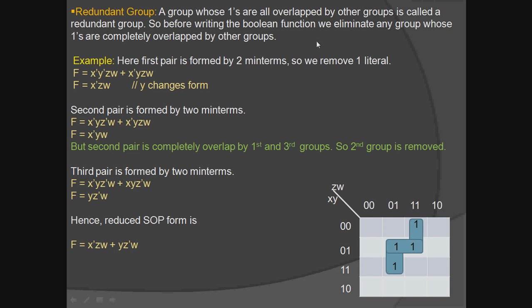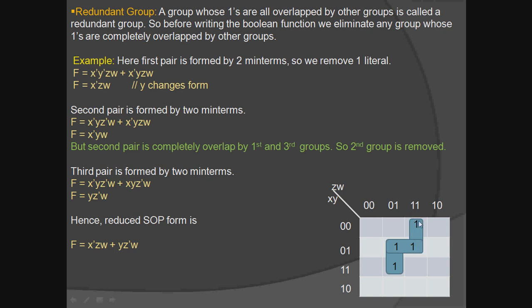That means when a pair gets overlapped by other groups, it is used by other groups. So before writing the Boolean function, we eliminate any group whose ones are completely overlapped by other groups. Here is an example. The first pair is formed by two minterms, so we remove one literal.